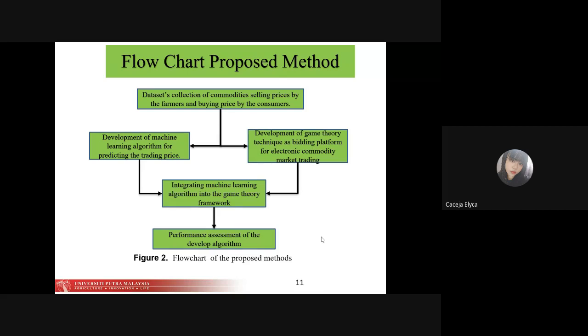And we integrate the machine learning algorithm into a game theory framework, which we use to reduce the computational load of the traditional game theory technique. And lastly, we make a performance assessment of the developed algorithm that we made.